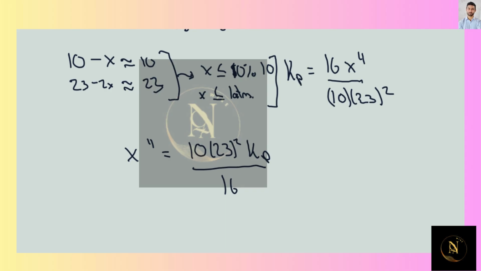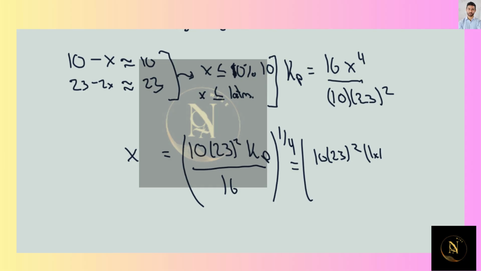The 4th power we can get rid of by exponentiating both sides to the 1/4. So this is going to become 10 times 23 squared times 1 times 10 to the minus 8 divided by 16, all of this to the 1/4.